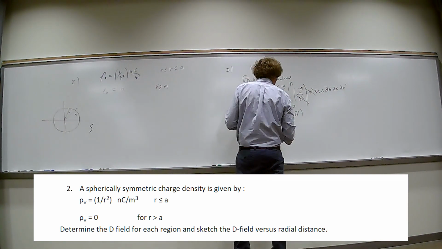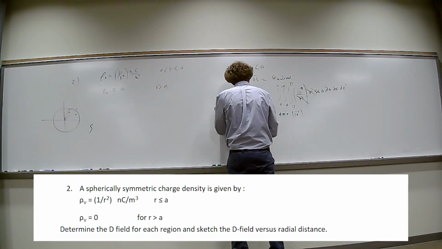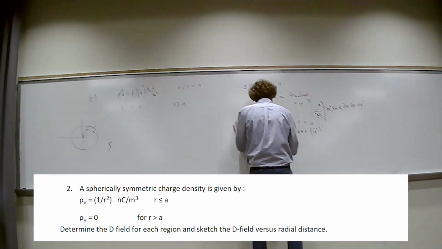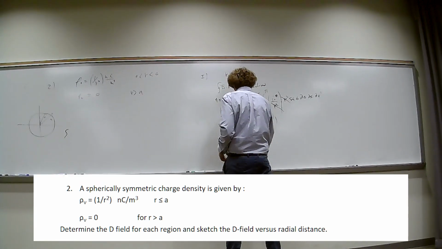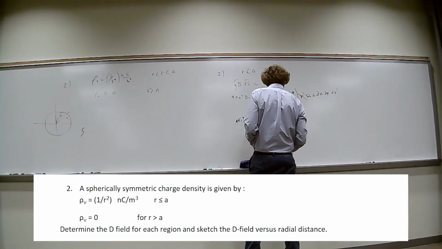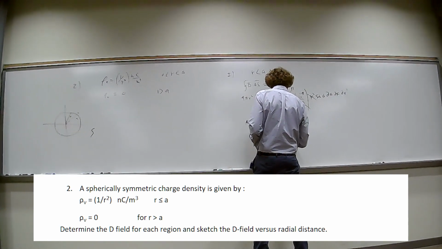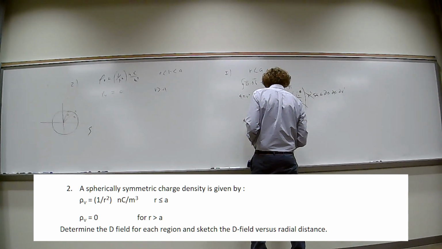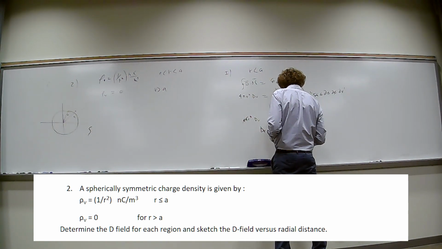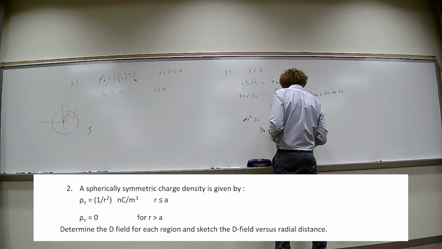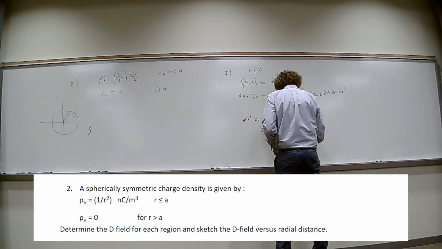Now, I set that equal to 4 pi r squared D of r. And I can see the D of r itself, the 4 pi's go. And I'm left with 10 to the minus 9 over r. And that's going to be for r less than a.